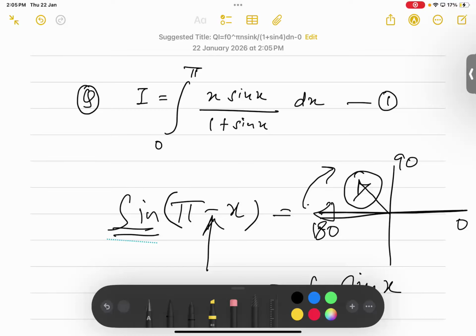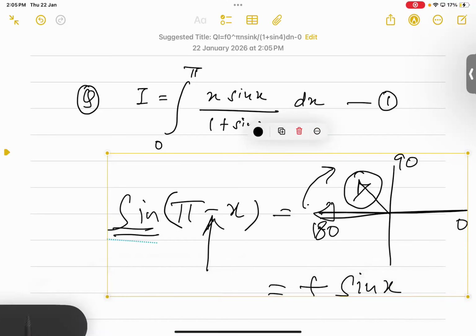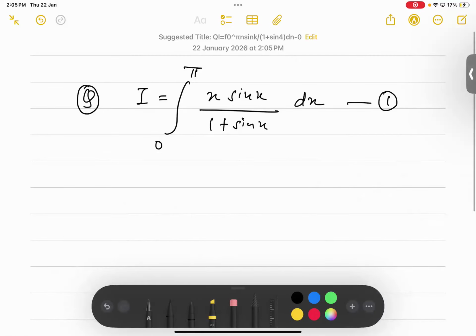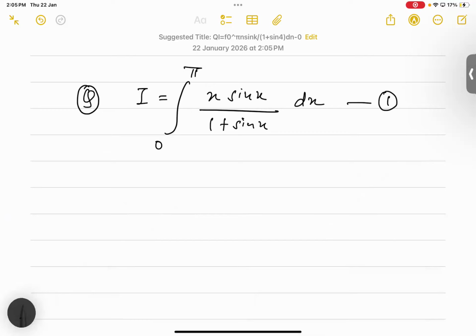Online students, are you able to understand? Yes, sir. Please practice this problem. Come on. You'll get something like pi outside, sin x upon 1 plus sin x. Then again, you'll have to rationalize, split and solve. Okay?